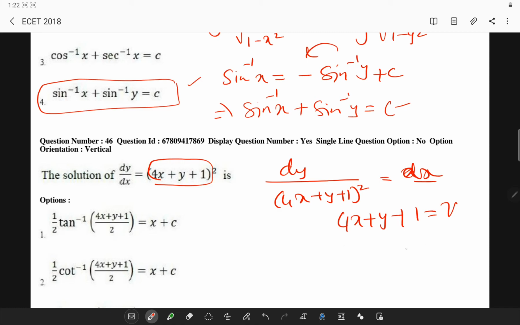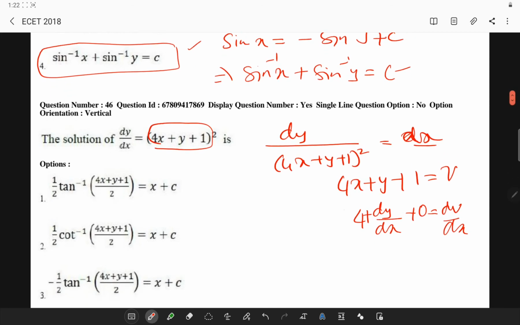If you differentiate on both sides, we will be left with 4 + dy/dx + 0 = dv/dx. So I simply have dy/dx = dv/dx − 4.